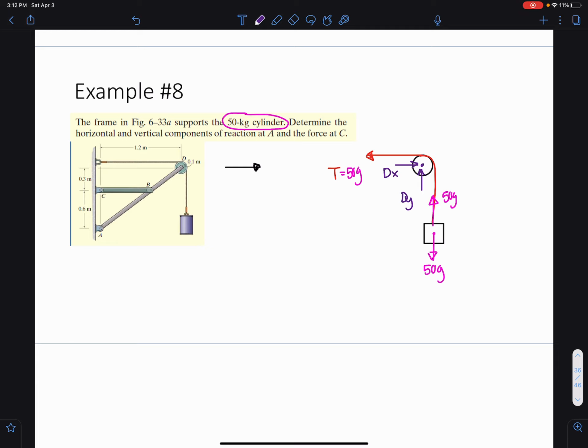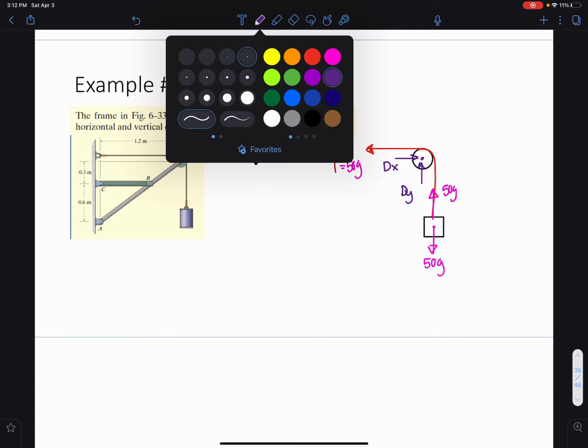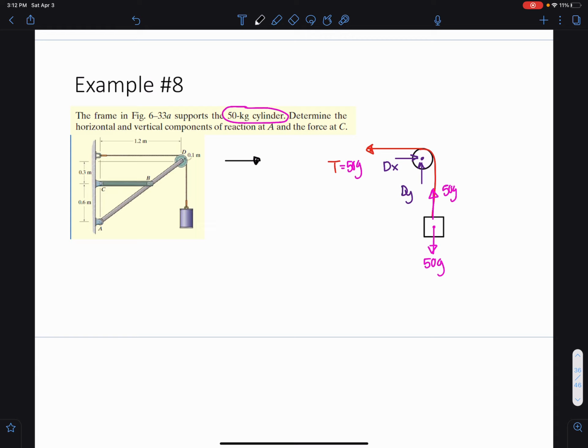Okay, and we can actually pretty easily solve for what's going on here. We can say the sum of forces in the x direction are equal to 0. This direction is considered positive. I would have Dx minus 50 times 9.81 equals 0. And I could solve for Dx as 490.5 newtons.